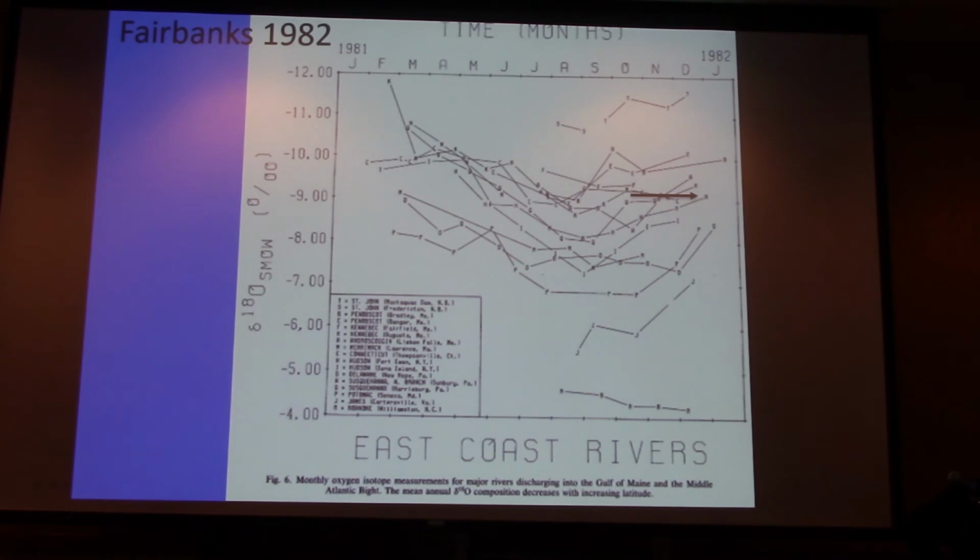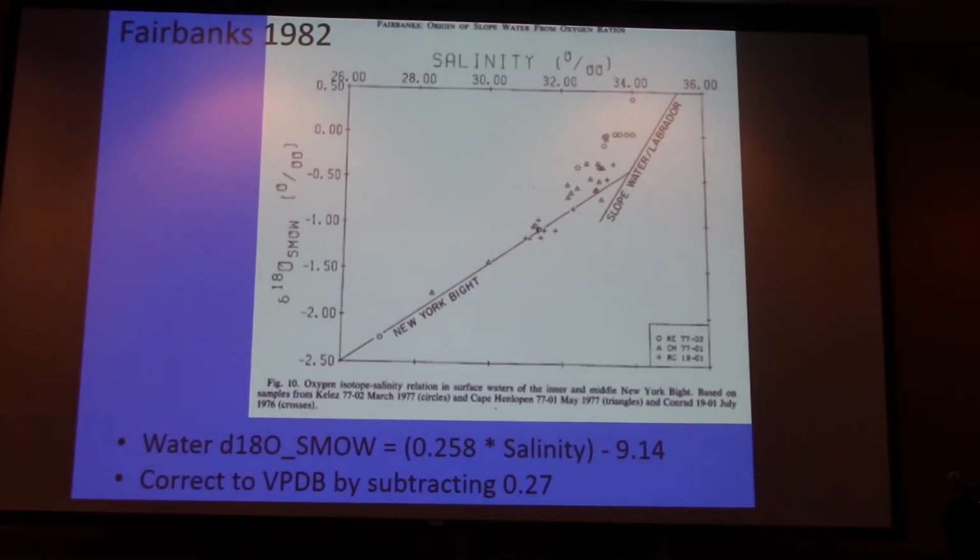And that was collected in Kingston. So then they did a regression, and we used that regression formula with that 9.14, and then did a little correction to the Vienna PD belemnite to make it comparable to carbonate. Again, subtract another small fraction.